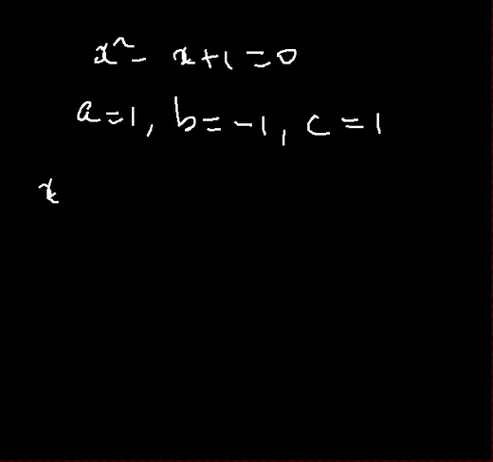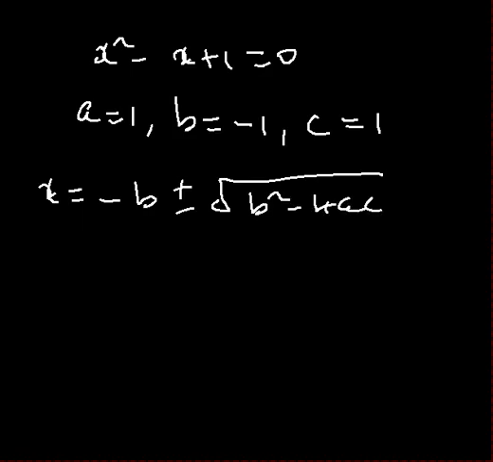For this case, x is given as negative b plus or minus the square root of b squared minus 4ac, all divided by 2a.